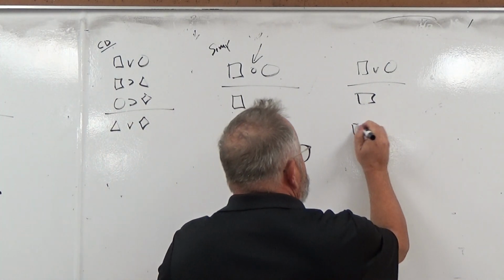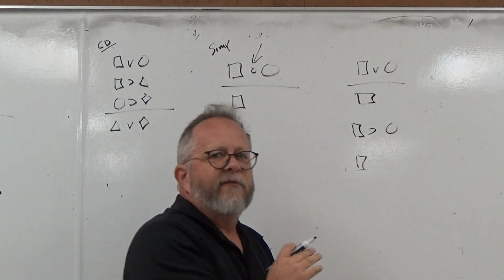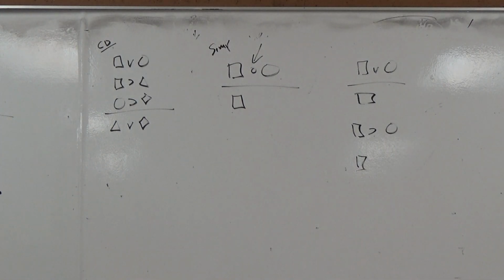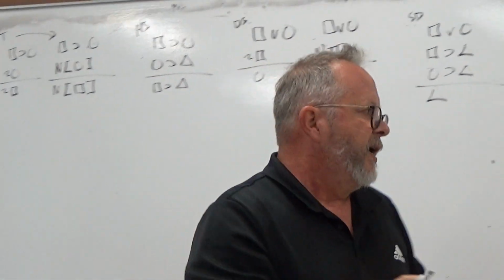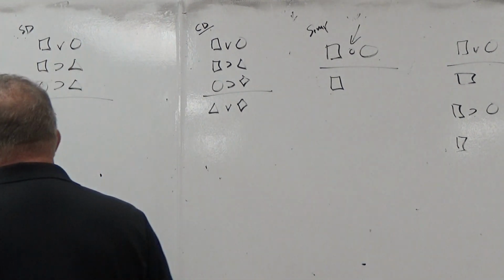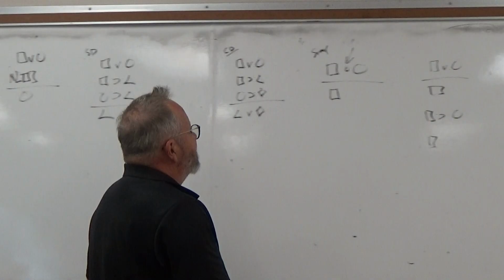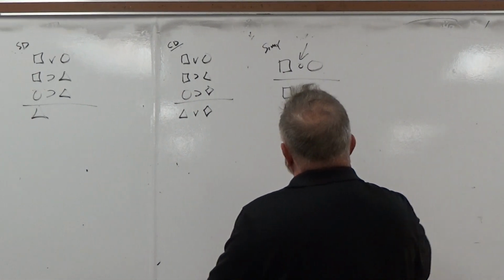Or if burger, then fries, okay, so burger. None of that follows. The only operator that you use simplification on is a conjunction, an and. Everybody got that? Okay? Because I will see people simplifying ors, I will see them simplifying if-thens, I will see them simplifying all sorts of things that they cannot simplify.